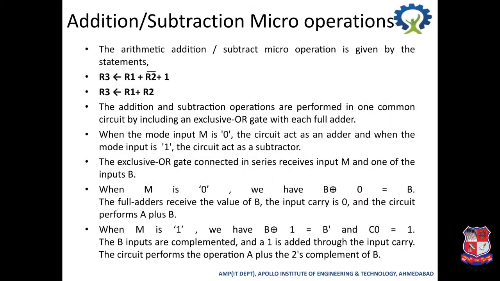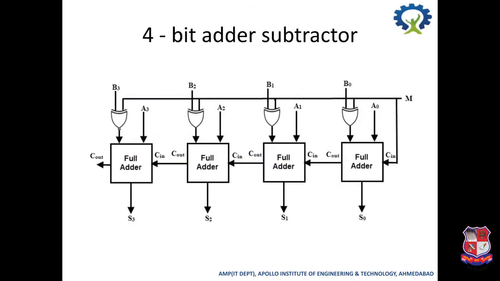Okay. Next is the addition subtraction micro operation. Means the addition and subtraction operations are performed in one common circuit by adding an exclusive OR gate with each full adder. Okay, we see the hardware implementation of this.